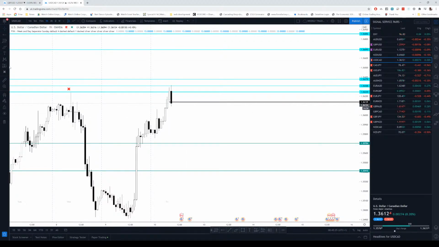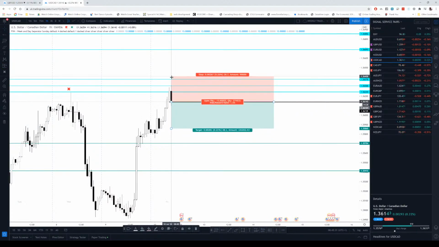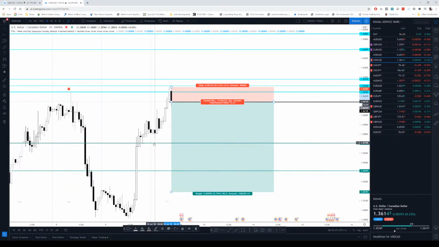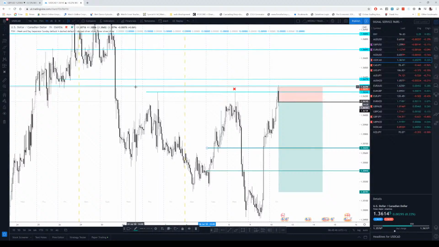If I do get that, this would be my trade. Something like this, because that's where I expected price to come to on Wednesday. I expected price to come here or there and give me this kind of rejection.